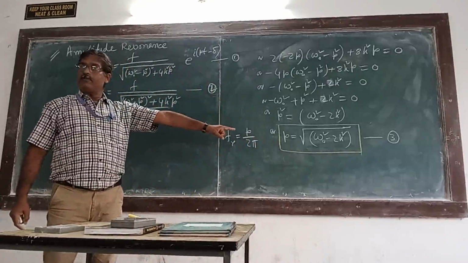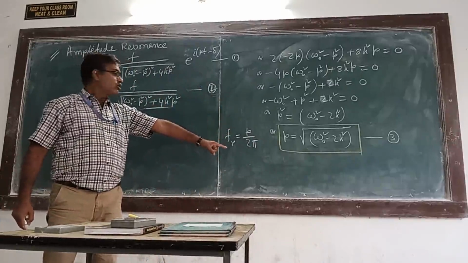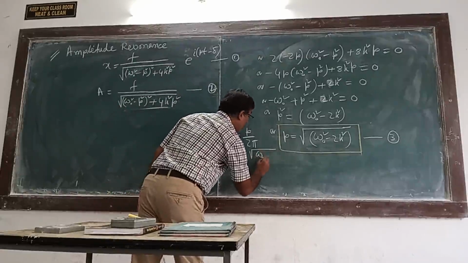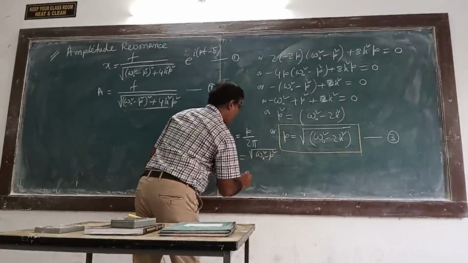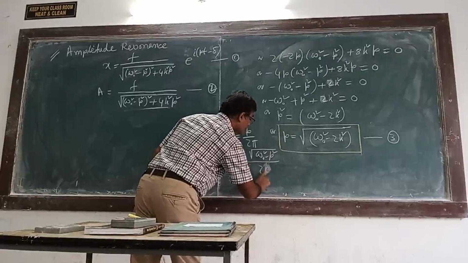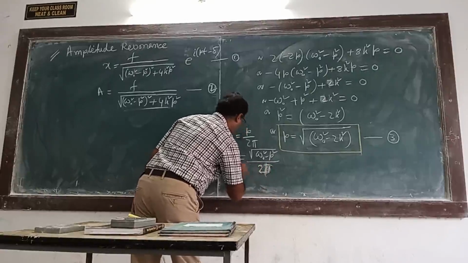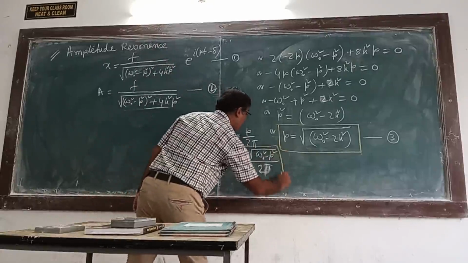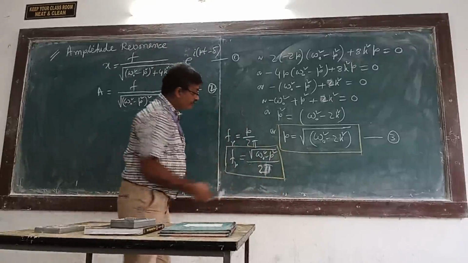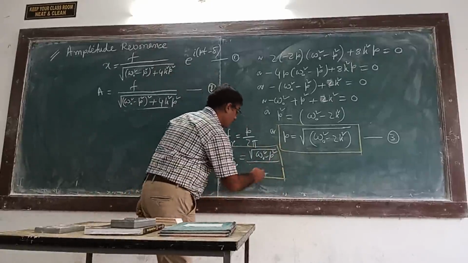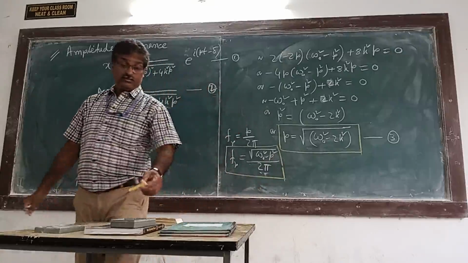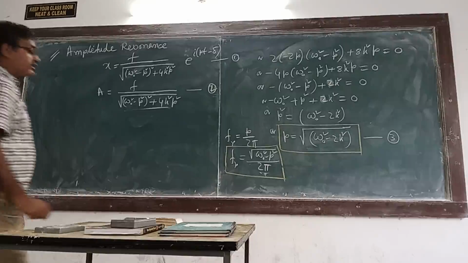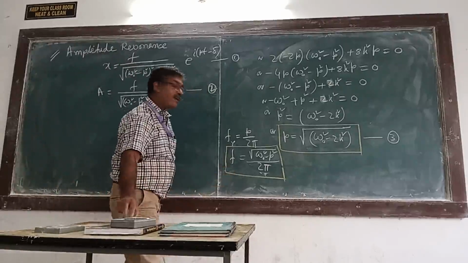P is the resonant frequency, the angular frequency, so the cyclic frequency is f_R. So this is equals to root over omega naught square minus 2k square, by 2 pi. This is the cyclic resonant frequency for which A is maximum.